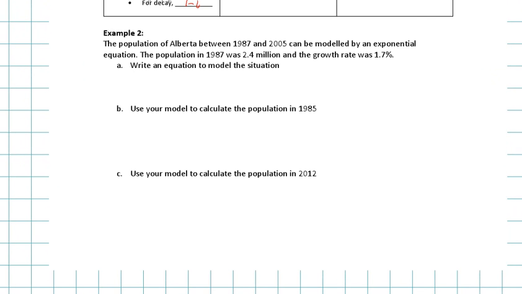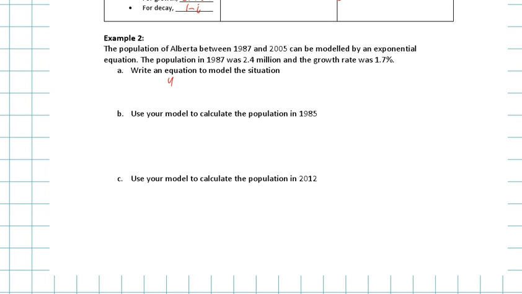So y equals, you can write y, you can write p, whatever. 2.4 million, times 1 plus 0.017 to the power of n, where n is the number of years since 1987.